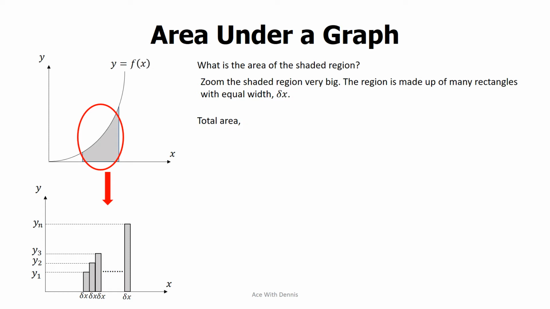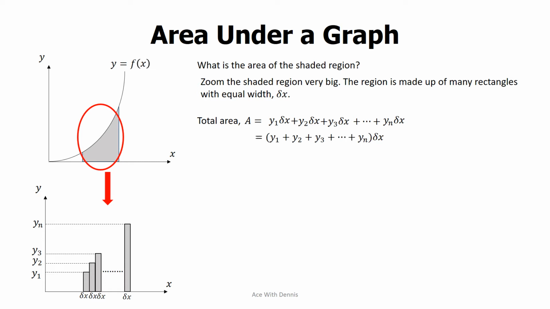Now, we can find the total area A, which is y1 times delta x plus y2 times delta x plus y3 times delta x until the last tiny rectangle area, which is yn times delta x.